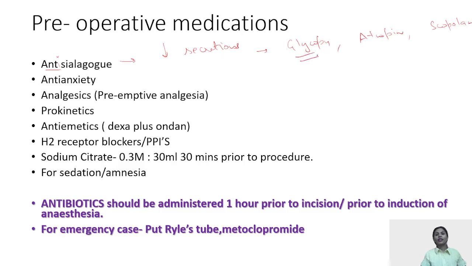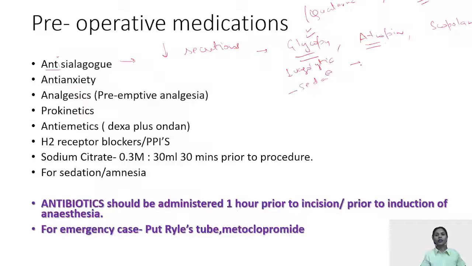Glycopyrrolate is the preferred one because it has very good antisialagogue activity, very little vagolytic activity, and almost nil sedation because it is a quaternary compound, so it does not cross the blood-brain barrier.